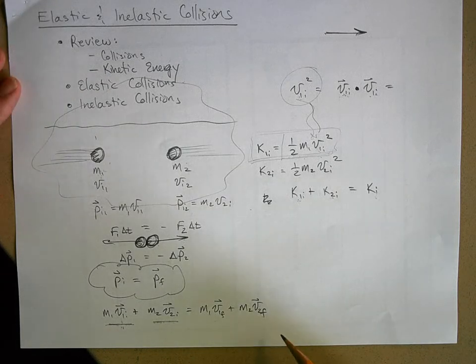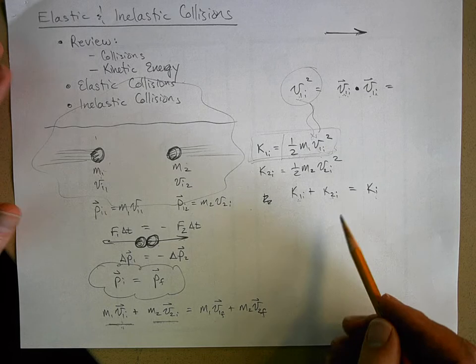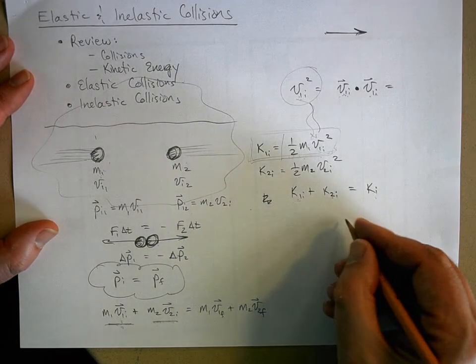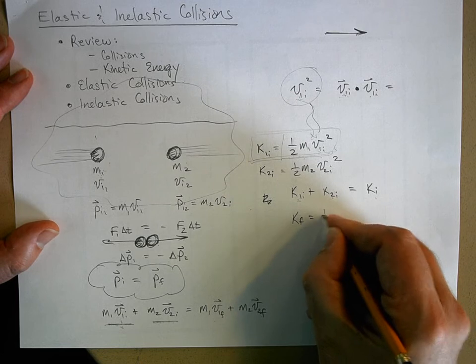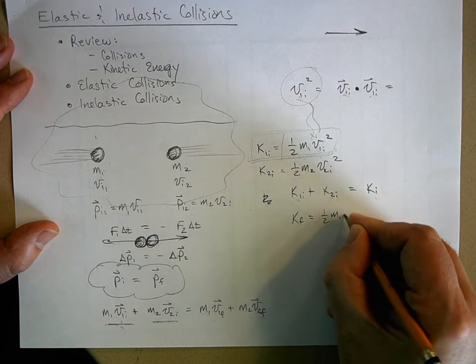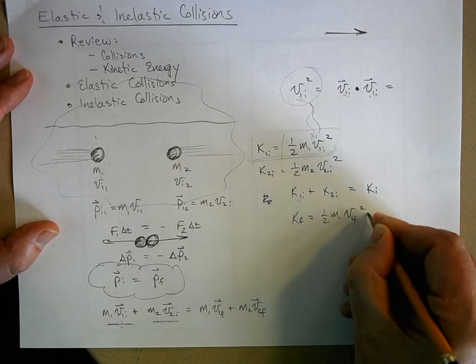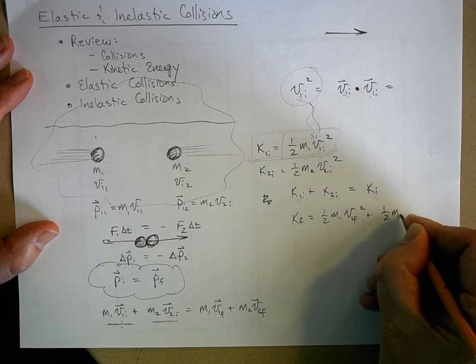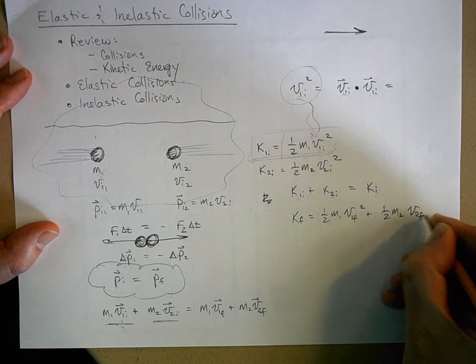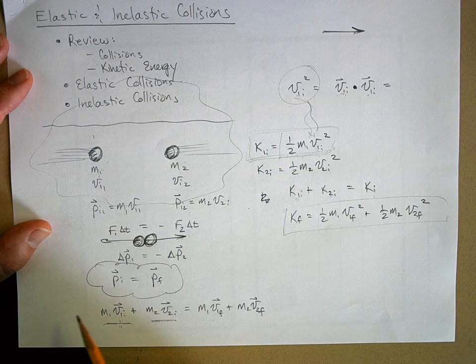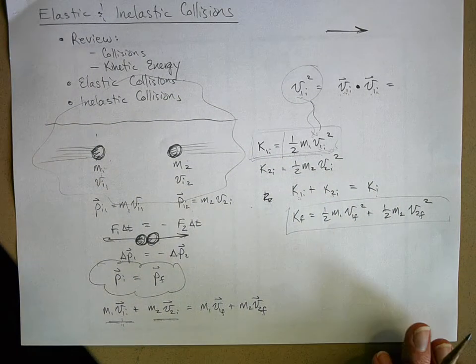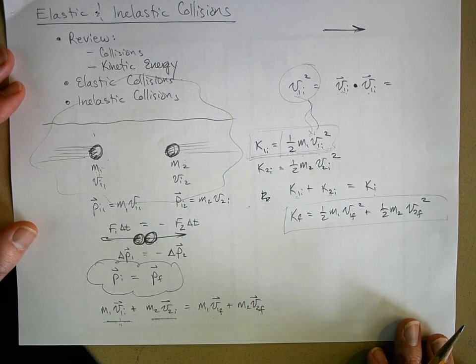Okay, and that's what we said was kinetic energy. And then, of course, we could do the same thing with the final kinetic energy. Final will just be the 1/2 m1 v1 final squared plus 1/2 m2 v2 final squared. You'll just add them together like that. Okay? Does it all make sense? Any questions?